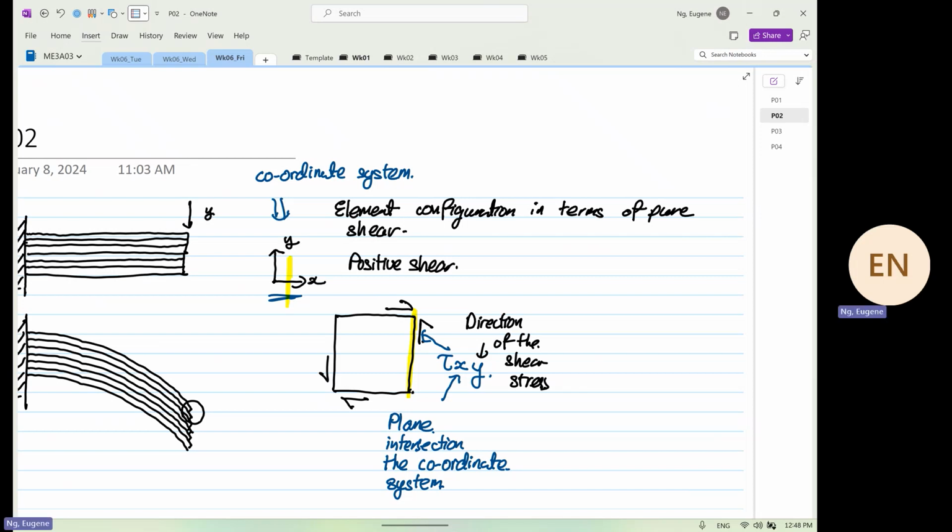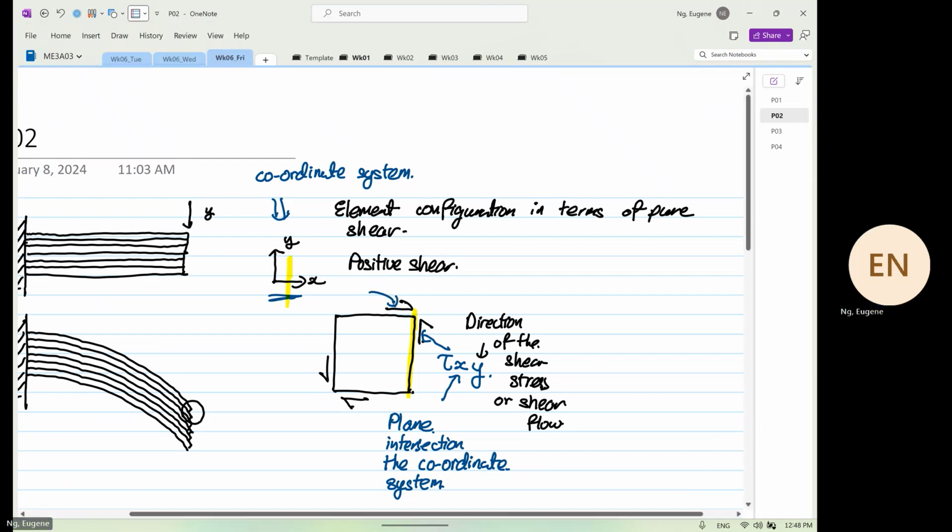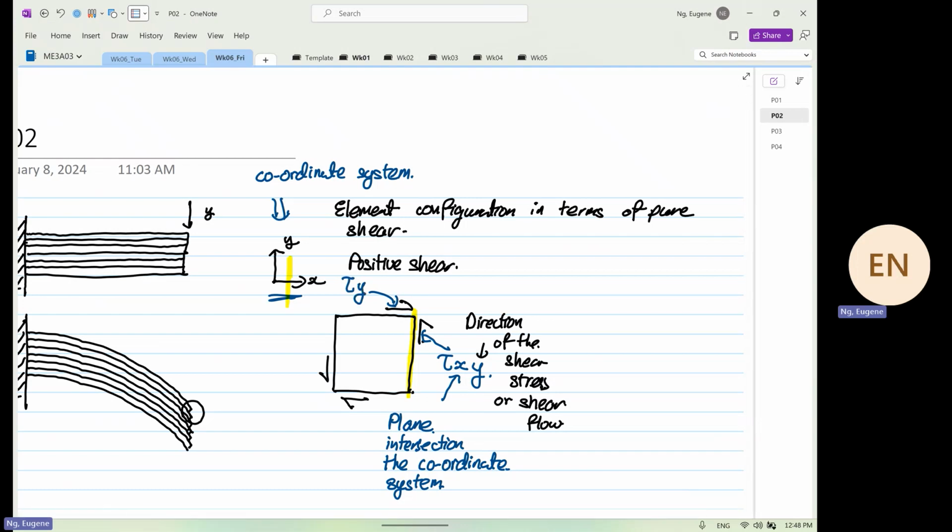Or sometimes we can also call it the direction of our shear what? Flow. So if I were to label the other arrow now, this is shear. The intersecting plane now is in the y-axis, and the shear flow or the shear stress is in the x direction.